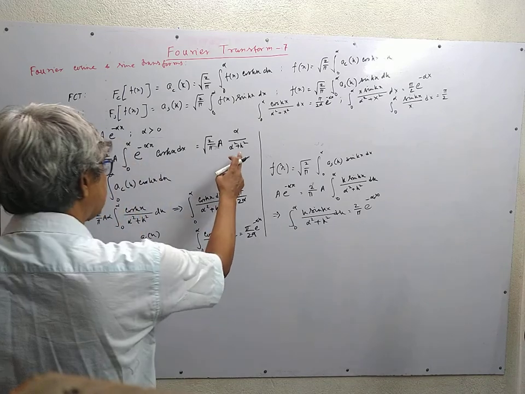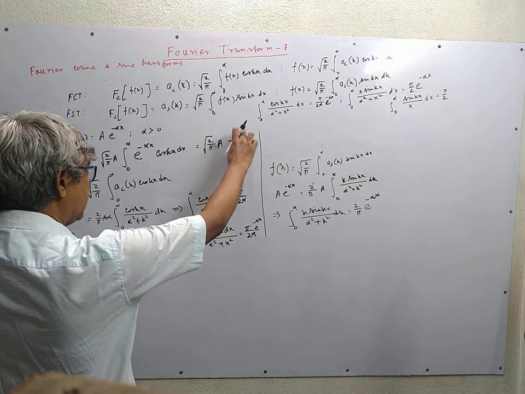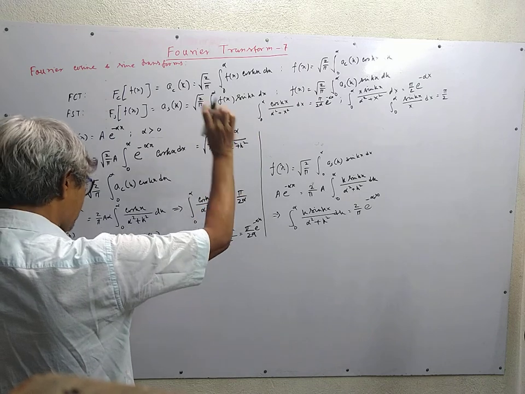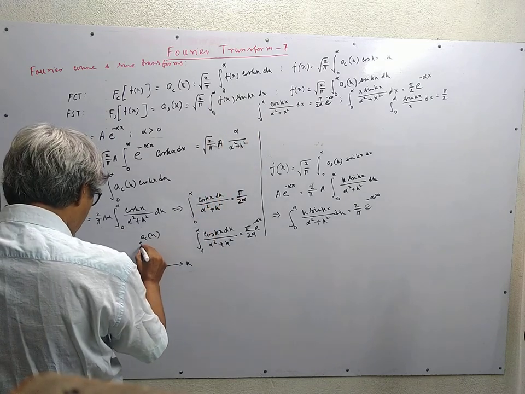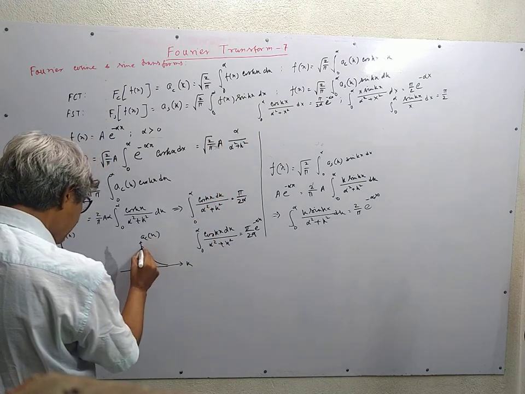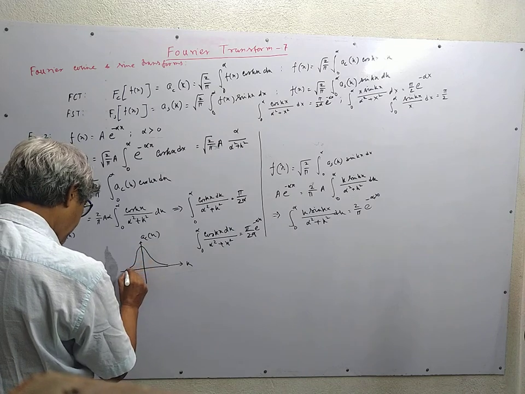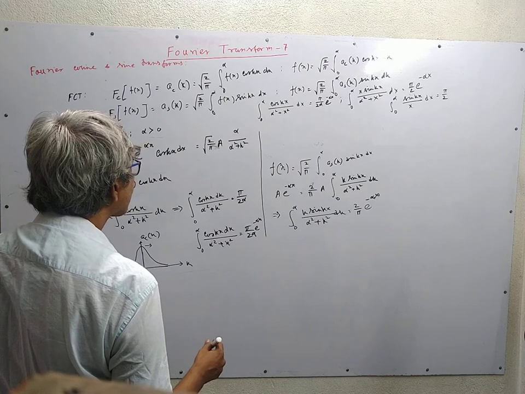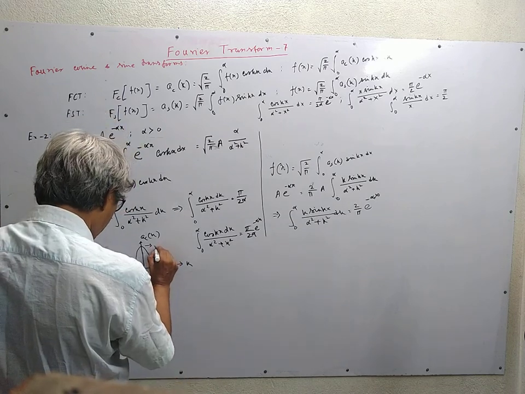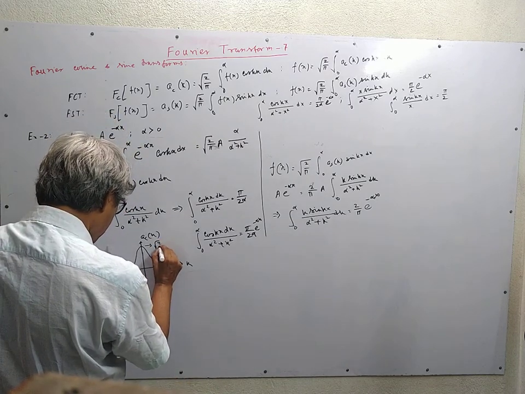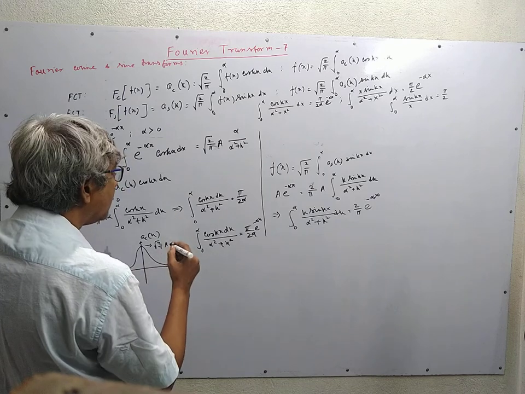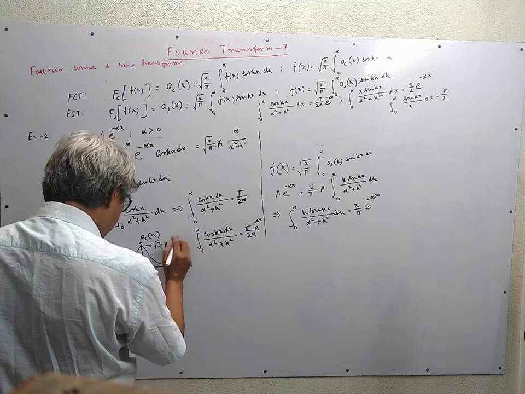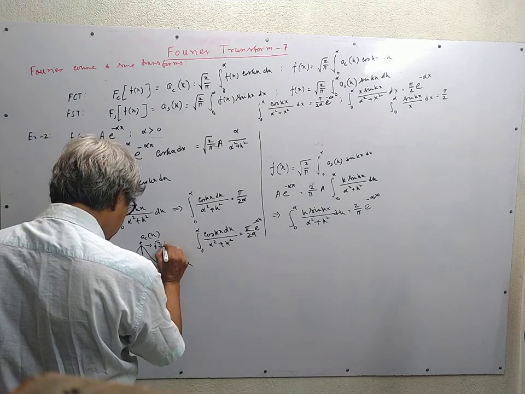You see that as k increases, this functional value decreases as 1 by k square, so it is a fast jump, and this value is a by alpha, a by alpha.